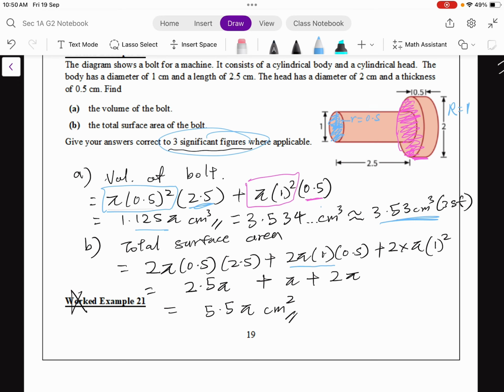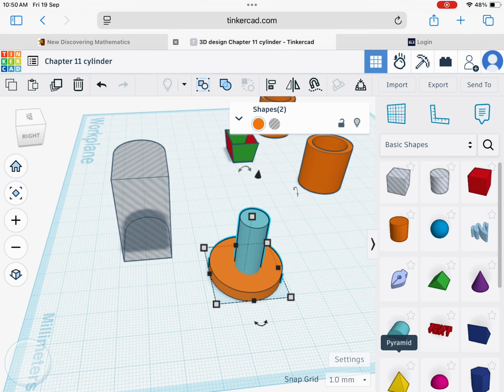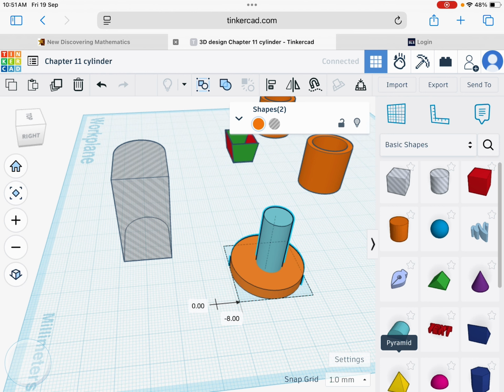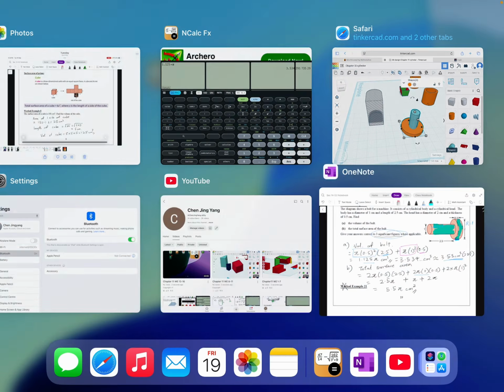Total surface area is a bit tricky, but not difficult. What I want to show you is this. You have to find the area around the cylinder here, and the area around the other cylinder as well. So you need to find the area at the side, of both cylinders. How do we do it?